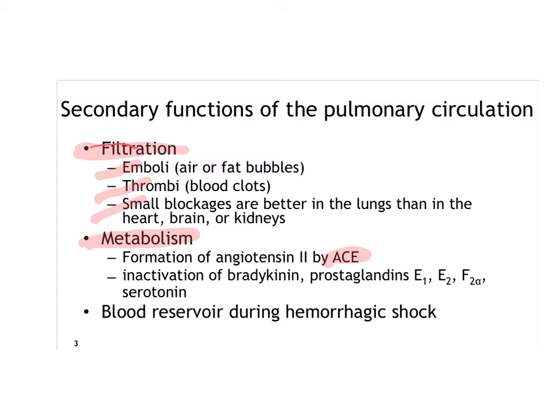So it plays that role. And then don't forget bradykinin, the prostaglandins, and serotonin. The bradykinin and prostaglandins are inflammatory response issues, and activation of those is done in the lungs, and breaking those down in metabolism there. The other big thing that it plays a role in is a blood reservoir.